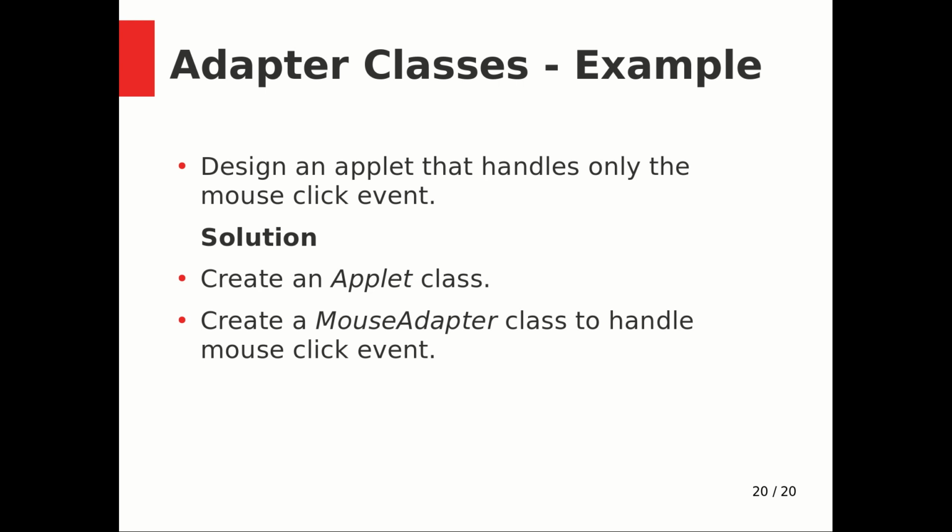Basically we will be creating a class which is inherited from the mouse adapter class, and then we will write handlers for the mouse click event. So let's go to the program and see how we are going to implement all these things.